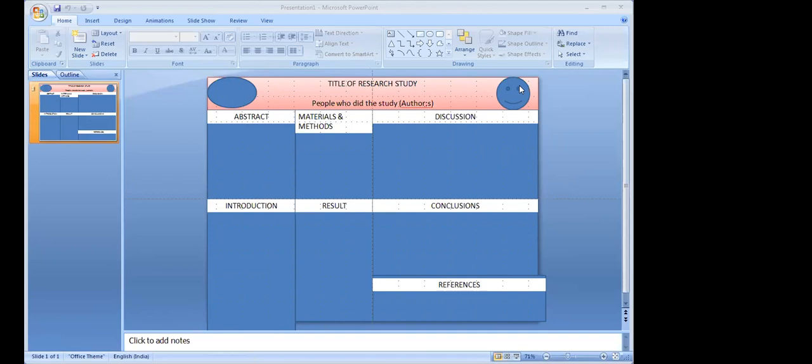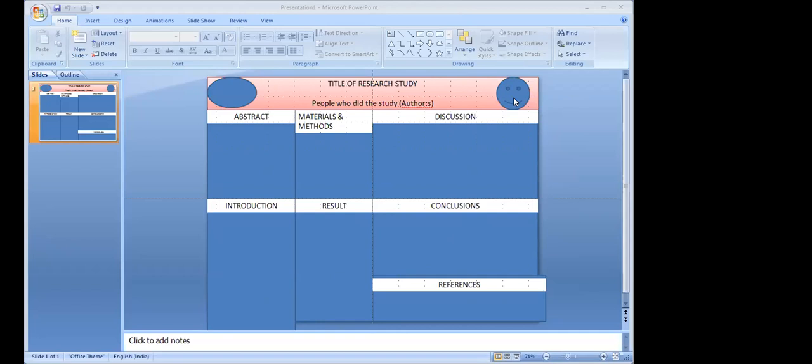Let's say it is DST funded or SCRB funded, so you need to put that logo here so that it will be very convenient for viewers to see the title and to know very easily which research organization it is collaborated with. For example, this is our college logo, and if it is funded by DST, then the DST logo will be there.